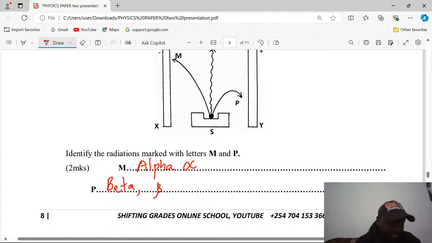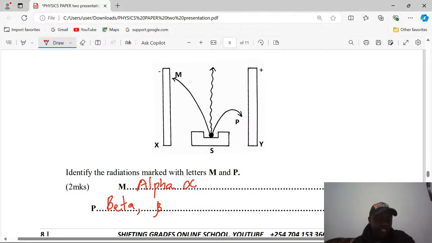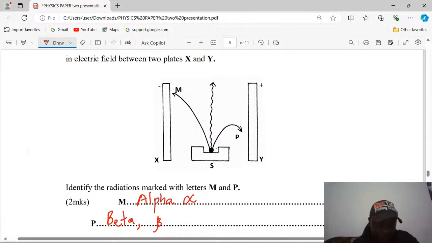With little mass, it faces a greater deflection. So the radiation which has little mass is usually the beta particles, which is just electrons. Then we have M, which is not much deflected because of the great mass that it has. And so the heavier particle is usually the alpha particles, which face a slightly lower deflection.